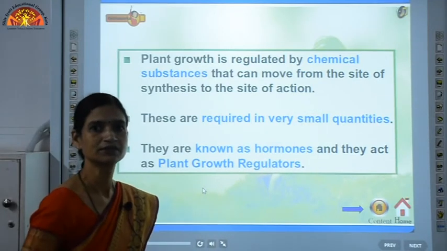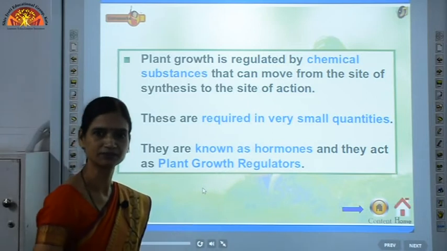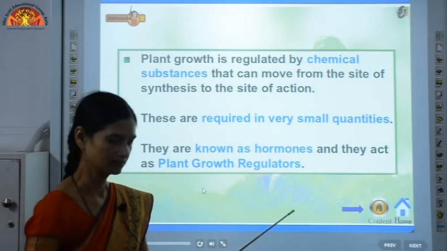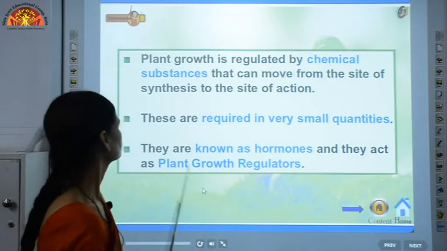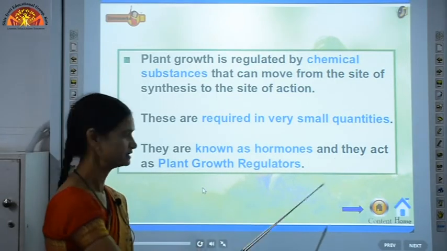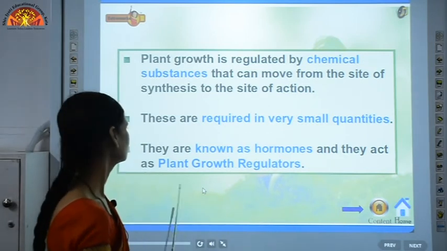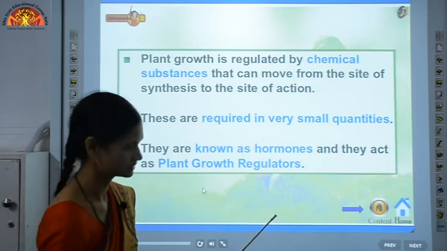So there are two locations: one location where the hormone is produced and the other location where the hormone is required. Another thing, they are required in very small quantities and they can be called hormones, and they act as plant growth regulators.